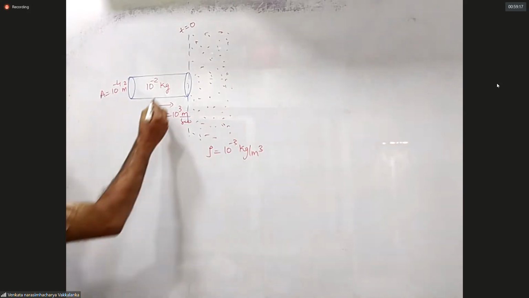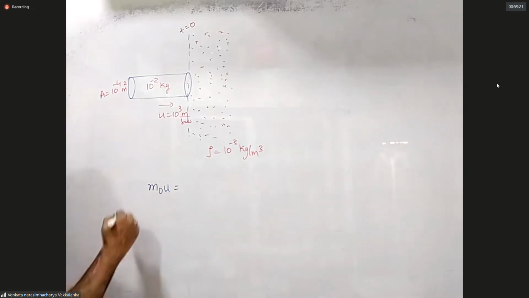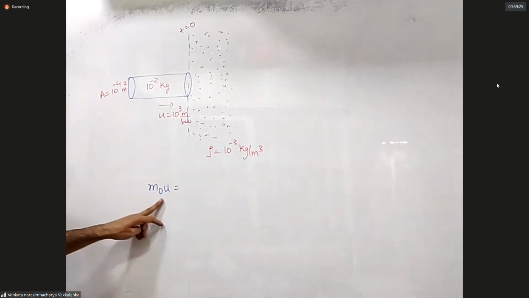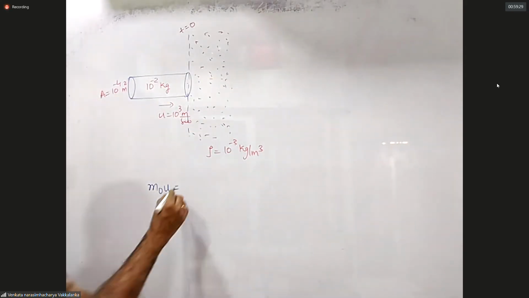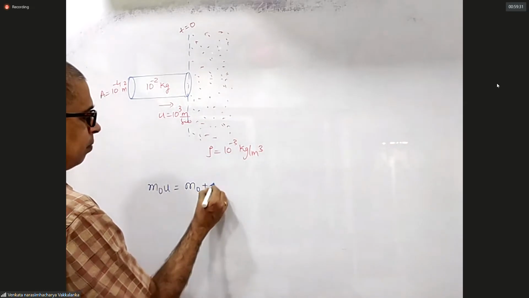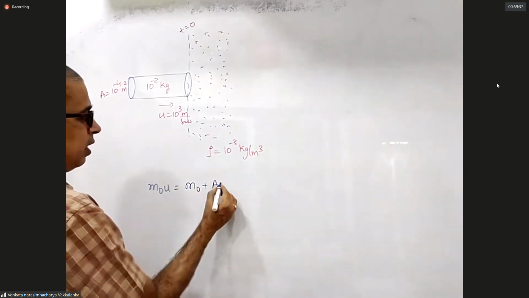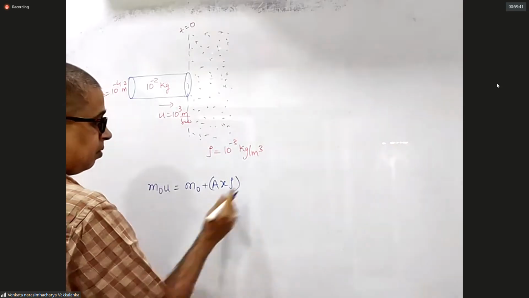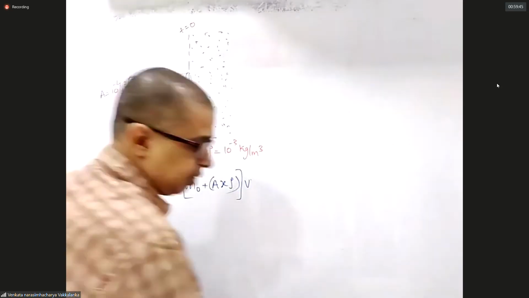Your initial momentum is m naught into u. M naught is this, u is this. No big deal. As this is moving inside, the momentum will be m naught plus a into x into rho, this is the mass, into v.